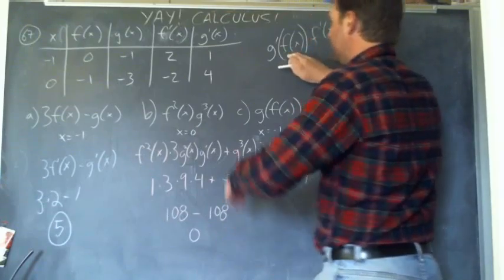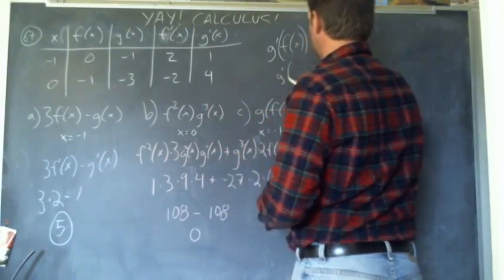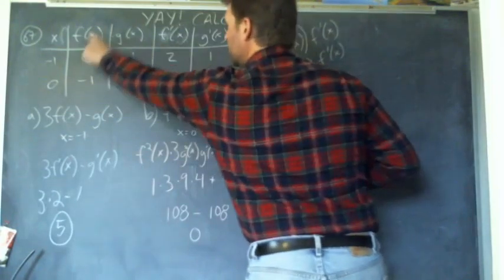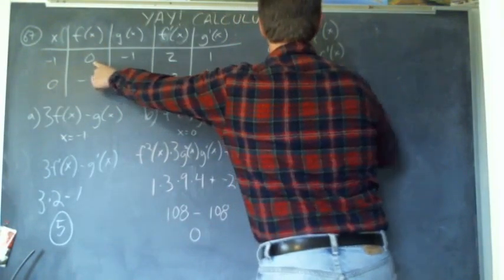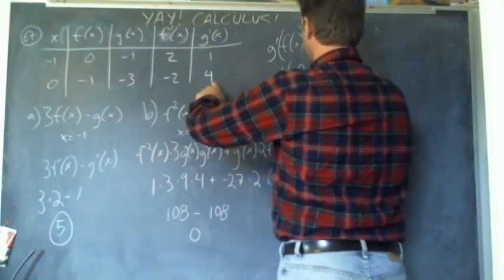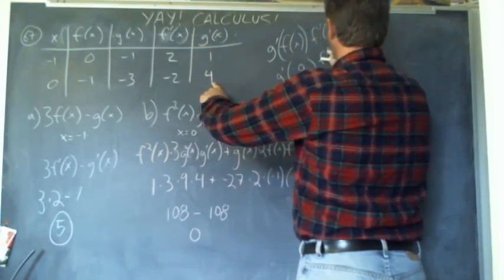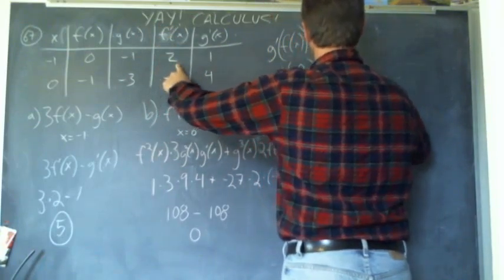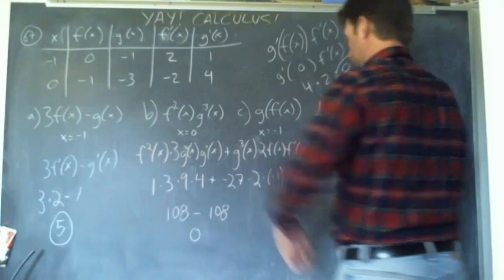F of -1 is 0. G prime of 0 is 4, times f prime of -1, which is 2. Equals 8.